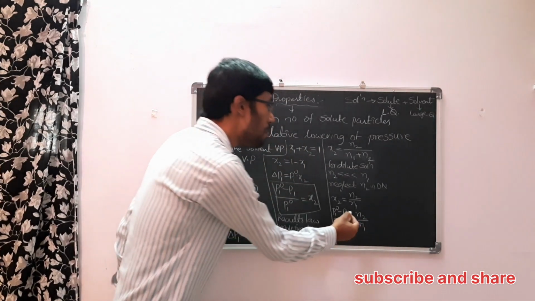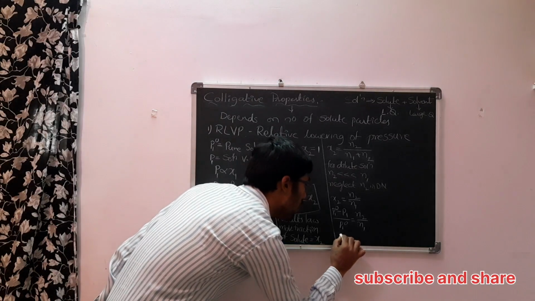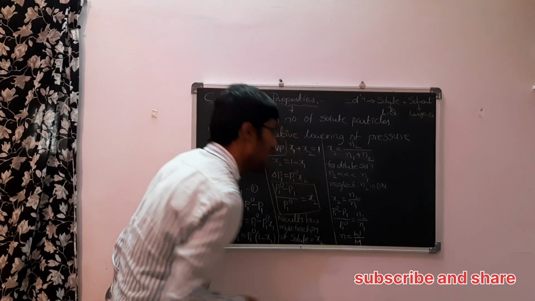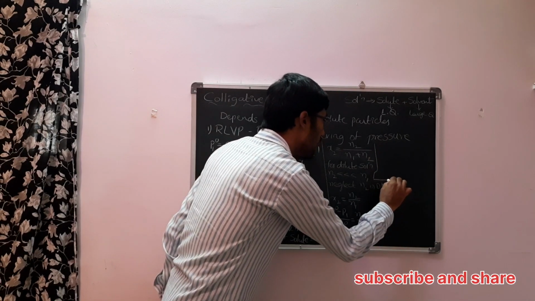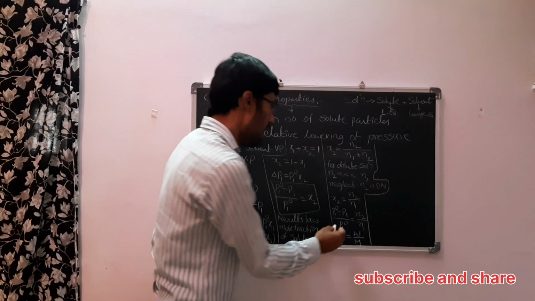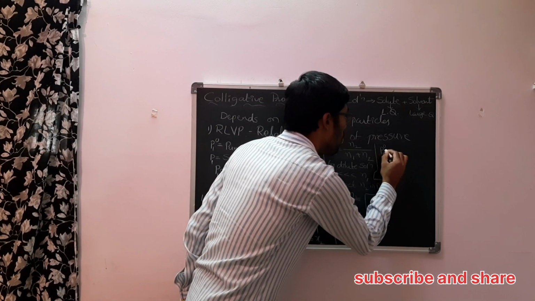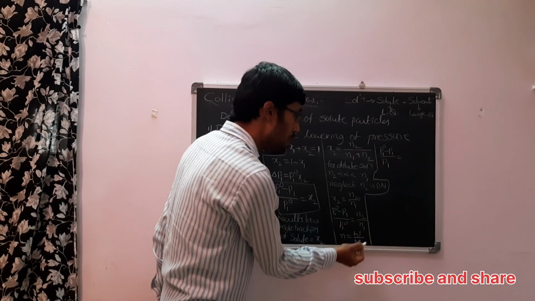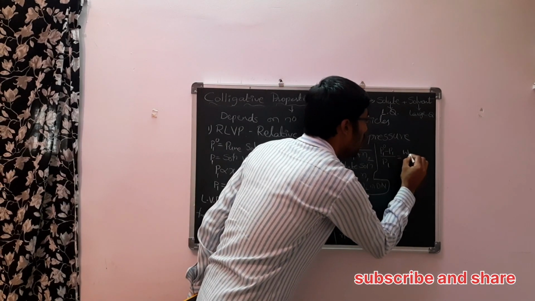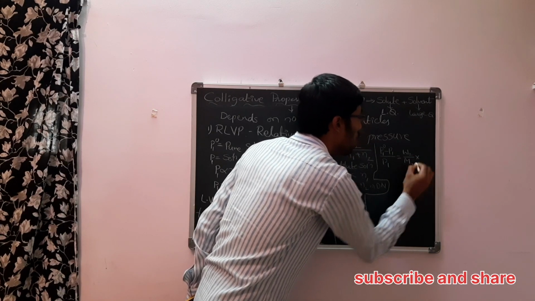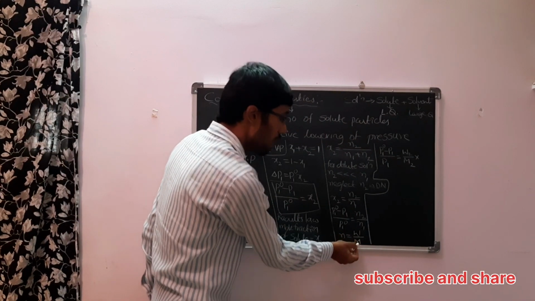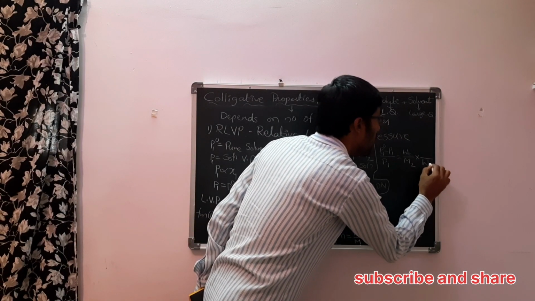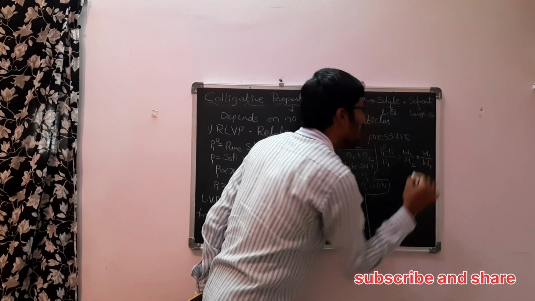But we know the definition of number of moles: the ratio between the weight and the molar mass. So we write the equation: P1 naught minus P1 by P1 naught is equal to the number of moles of solute, weight of solute by molar mass of solute, into 1 by N1, that is weight of solvent and molar mass of solvent.